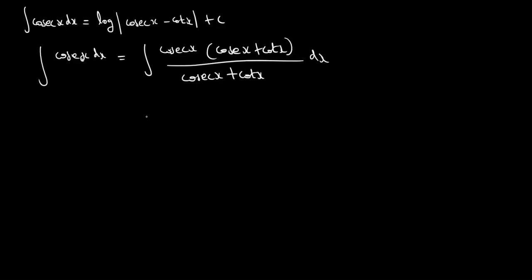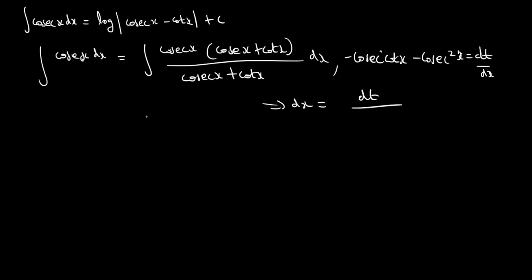So we can substitute this cosec x plus cot x equal to t. That will give the derivative as minus cosec x cot x minus cosec square x equal to dt by dx. That will give dx equal to dt by minus cosec x into cosec x plus cot x.